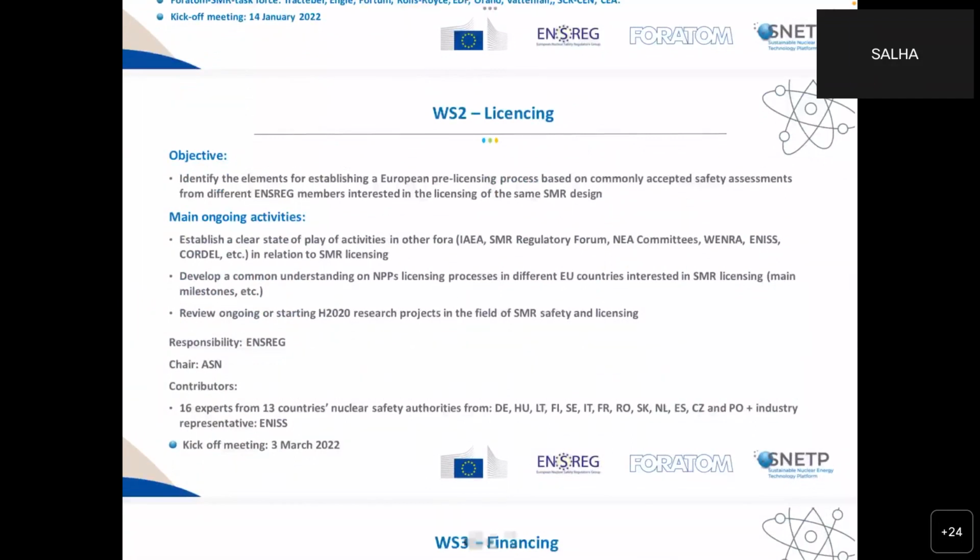And the idea is really to understand how a common or at least harmonized licensing could be done. It's a difficult topic. What is very encouraging is that ANSREG is really deeply involved in that respect, and we are beginning to understand how it could work, how we could do it on a specific project, or how we could do it on a specific technology.